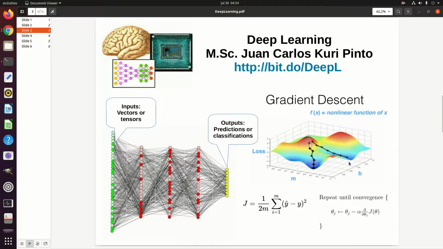It's difficult to draw a multidimensional error function in which each dimension is one of the multiple weights and the result is the error. But we can draw an error function with two weights and the error. The gradient descent technique makes the weights evolve from higher regions of error to lower regions of error.